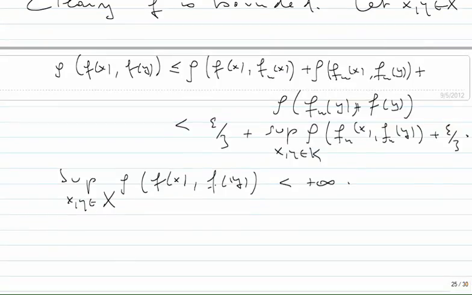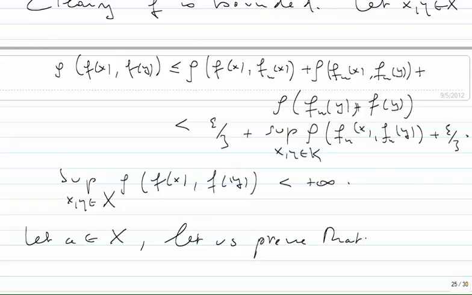Next we want to show that f is continuous at any point. So let a belong to X, and let us prove that f is continuous at a. We are going to use the continuity of Fn. Remember, we fixed n.